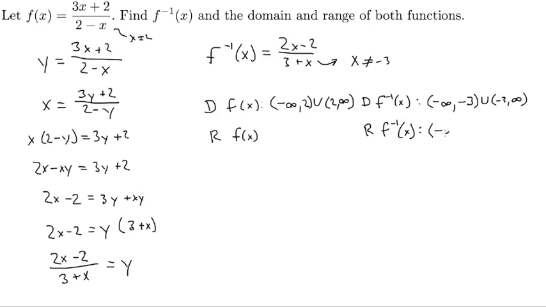So the range of the inverse is negative infinity to 2, union 2 to infinity. And similarly, our x values from the inverse are the y values of the original function. So the range of our original function is going to be negative infinity to negative 3, union negative 3 to infinity.